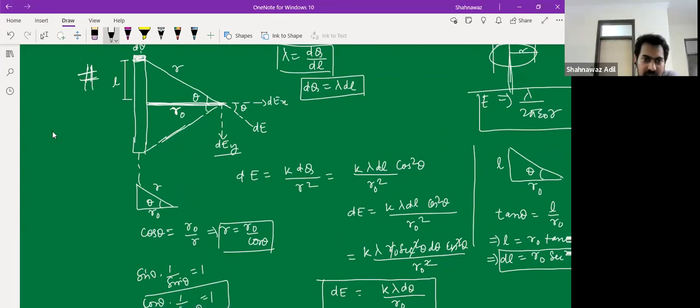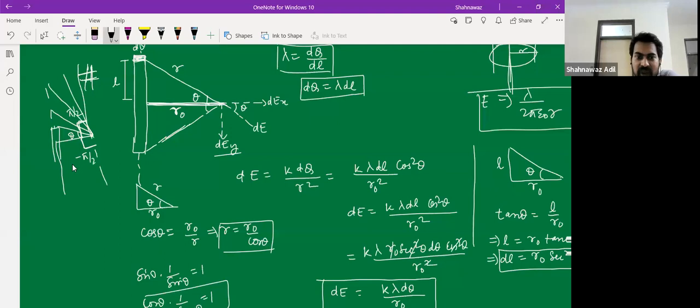Let's say the wire goes to infinity, so this is theta, and it is increasing. At infinity, this would be pi by 2, right? And again for the other infinity, that would be minus pi by 2, right? Understood, guys?